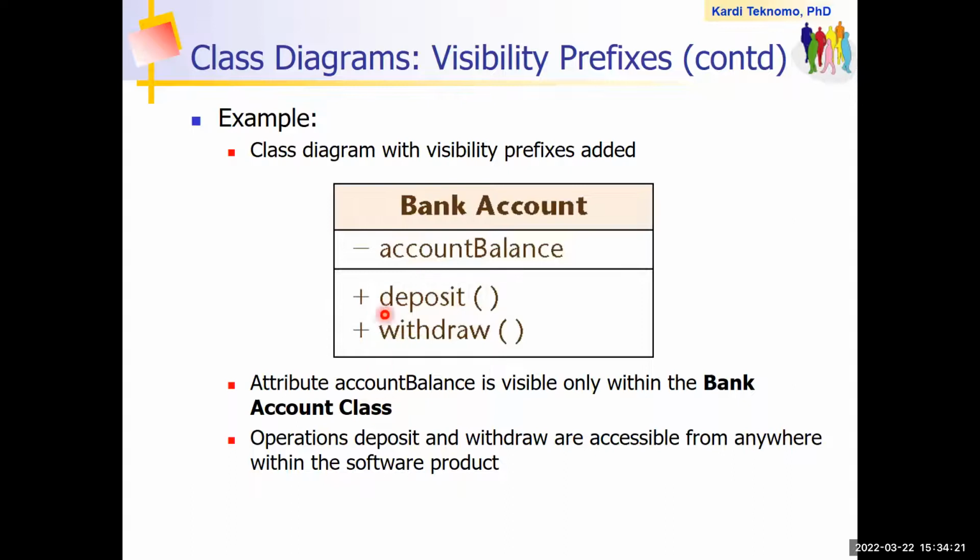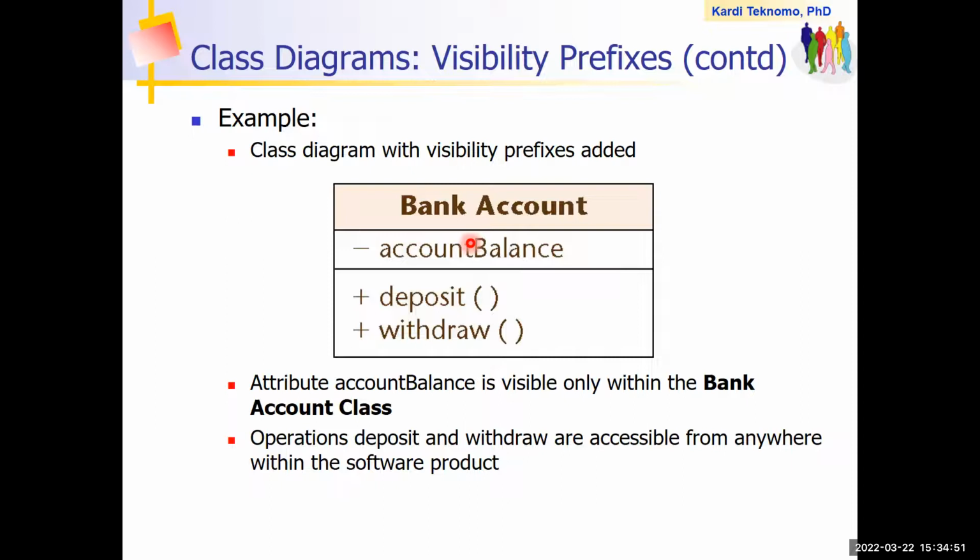This is an example. Minus account balance. What does that mean? Yes, that account balance is private within this bank account class. External, outside the class cannot see. Inside the class can see. Can you see that or not? The meaning of private means outside the bank account class cannot see that account balance.